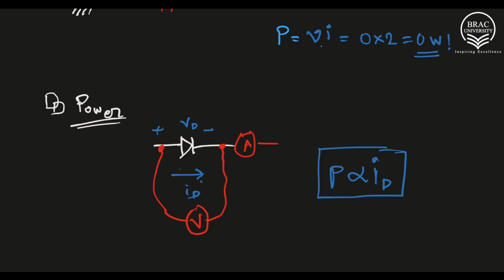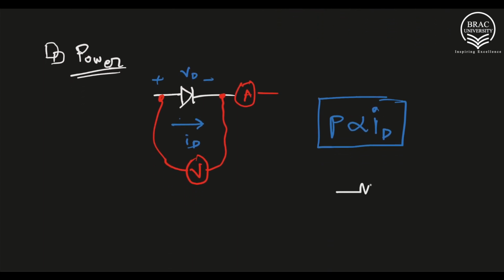If we increase the current by two times, the power will also increase by 2 times. This is not like resistance, because the power consumed by a resistance is I squared R, so the power is proportional to the square of the current. But for a diode, it is directly proportional to the current.